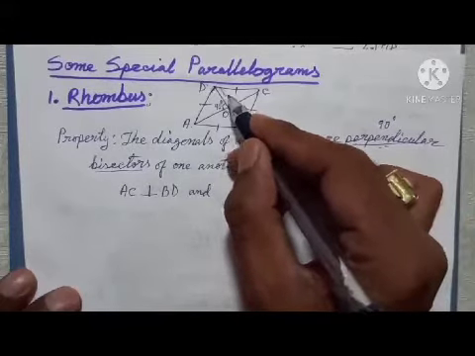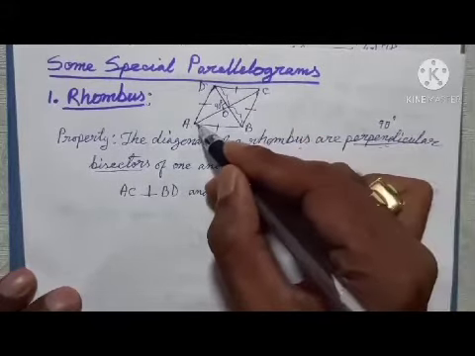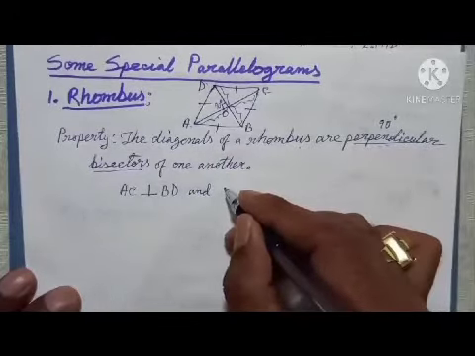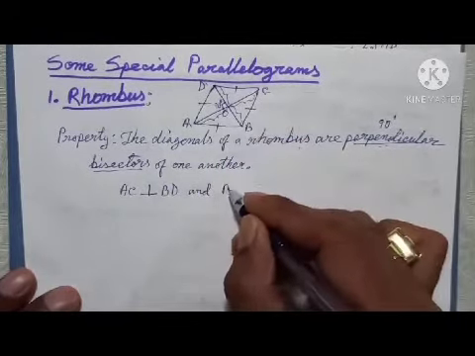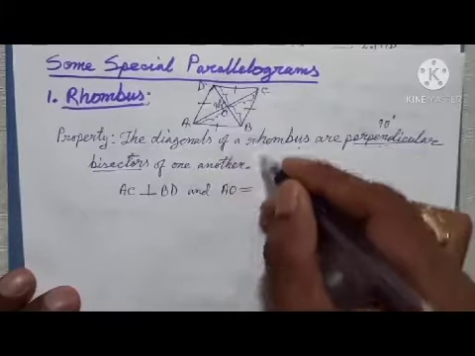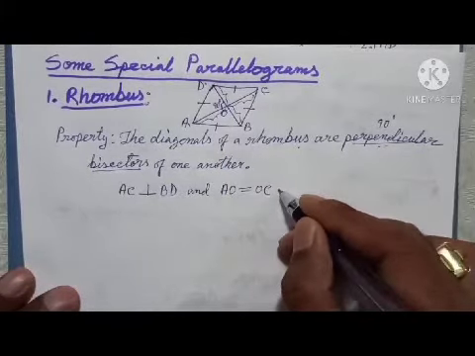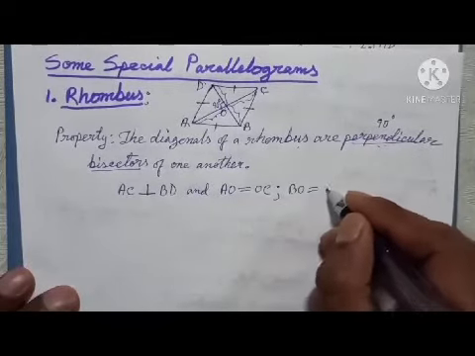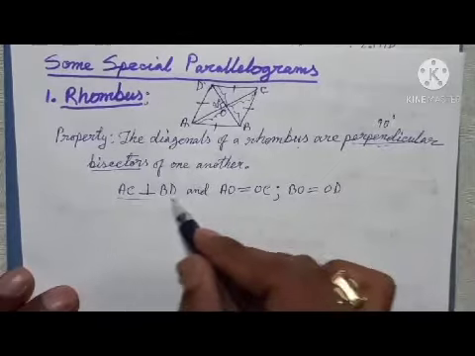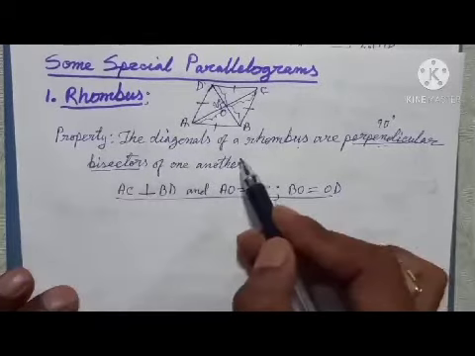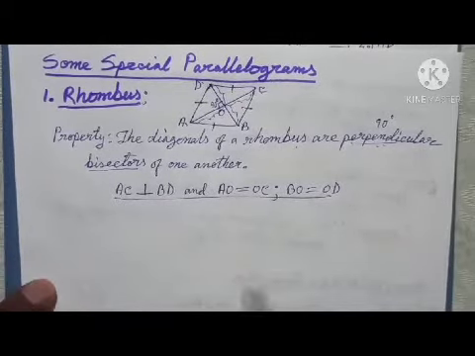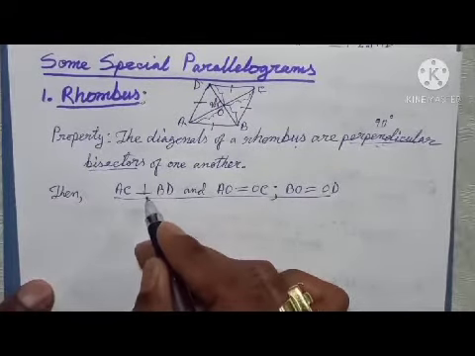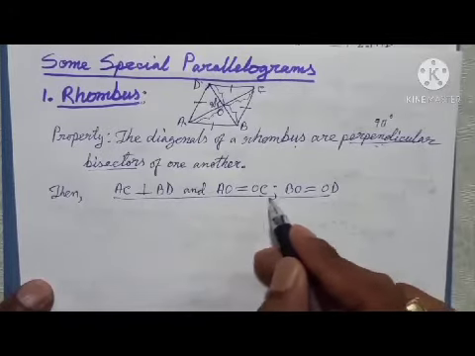That means this length must be equal to this length, and this length must be equal to this length. AO is equal to OC, and BO is equal to OD, and this is what this property says. Let's write here: AC is perpendicular to BD and AO is equal to OC and BO is equal to OD.